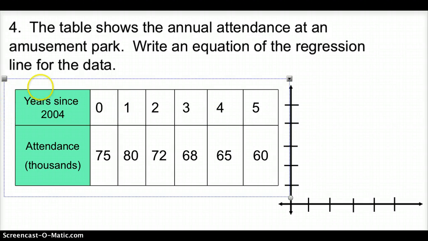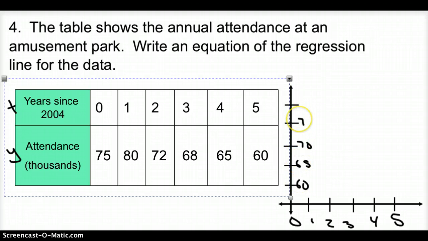This would be my x, that would be my y. So I just go 0, 1, 2, 3, 4, 5. The only reason I'm drawing these points out is to get a good idea of what points would fit the line the best. I'm also going to label this: 60, 65, 70, 75, 80.